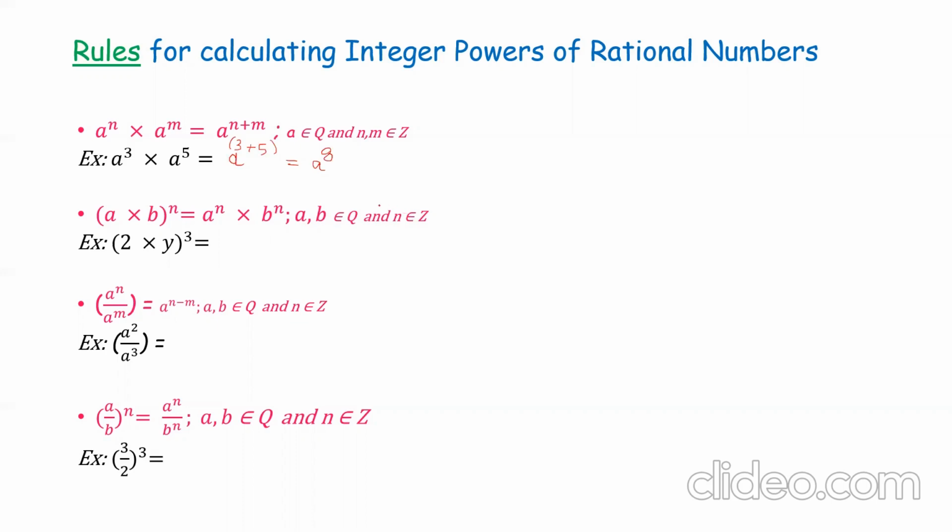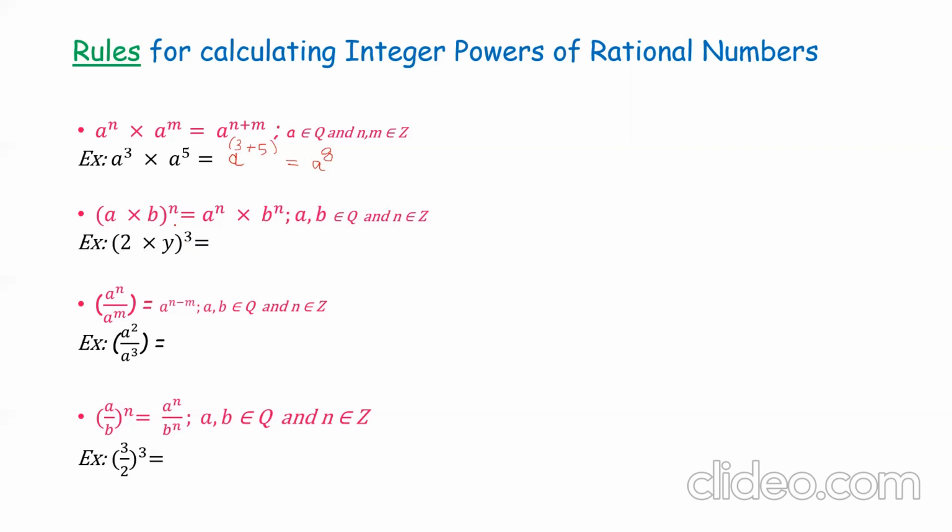So let's take an example, 2 multiplied by y, where y is also assumed to be a rational number. So the product of 2 and y is raised to the power of 3.